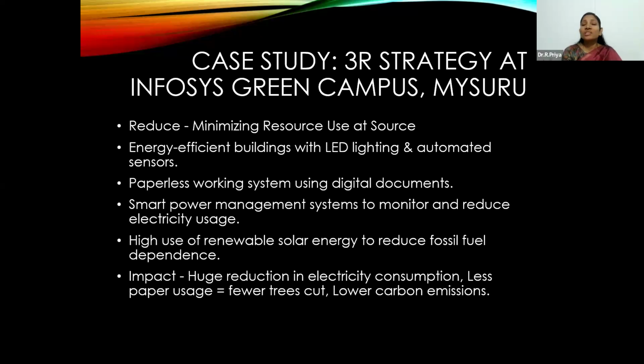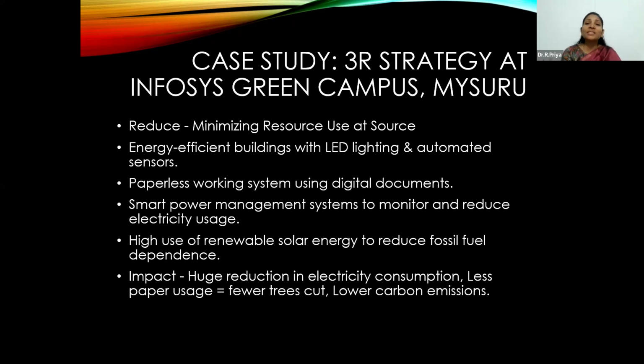So, here I'm just giving one case study, 3R strategies at Infosys campus, Mysore. If you see the background, Infosys is one of India's leading IT companies, right? So its Mysore campus is one of the largest and most sustainable corporate campuses in the world, not only in India.